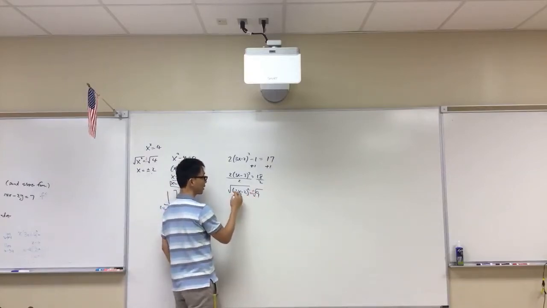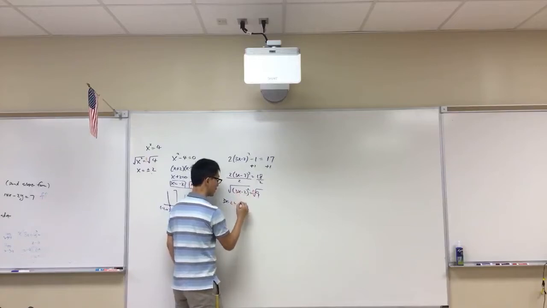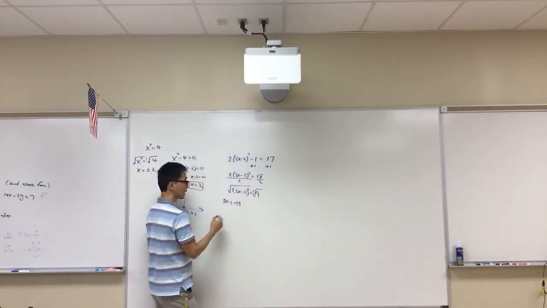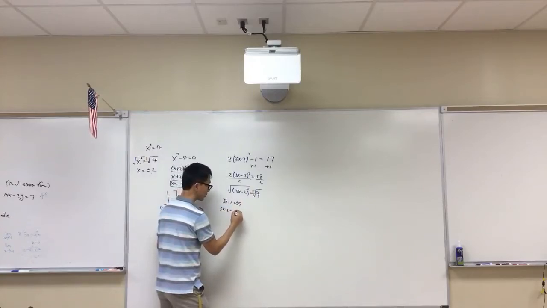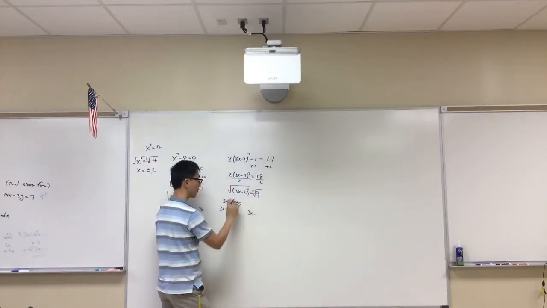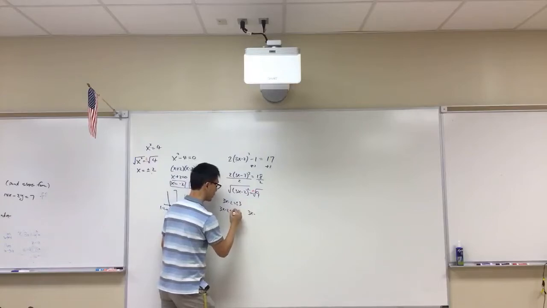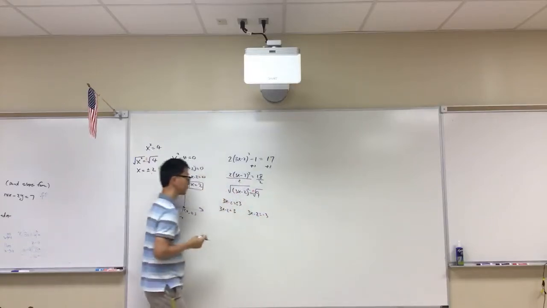If I square root both sides, square and square root cancel out, and that gives you 3x minus 2 is equal to plus minus 3. Oh, that's 3, remember, thank you. So this is plus or negative 3, so 3x minus 2 is equal to 3, and 3x minus 2 is equal to negative 3.